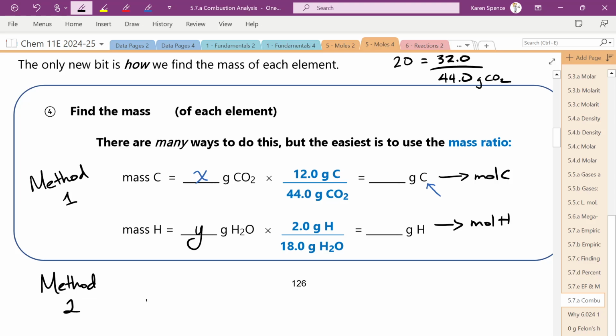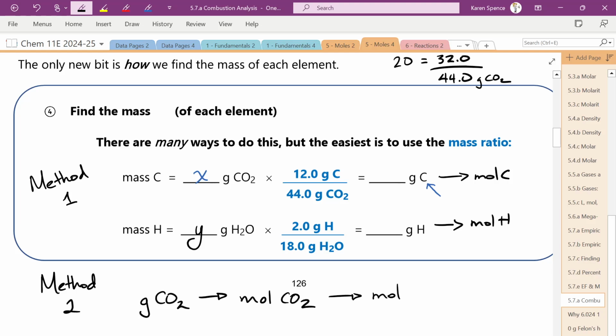We could take our grams of CO2 and convert it into, what can we normally convert grams into? Moles. We could find moles of CO2, and what could we find for moles of CO2? Liters. We are looking for moles of each element.